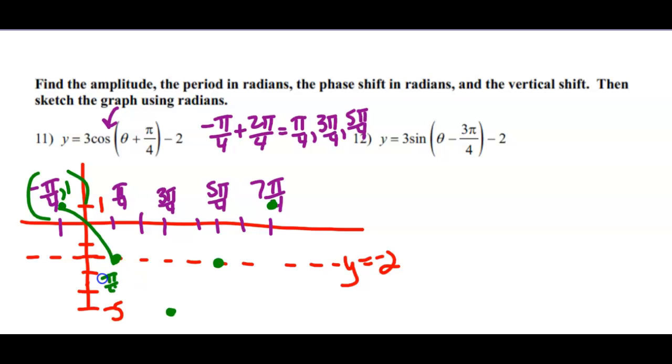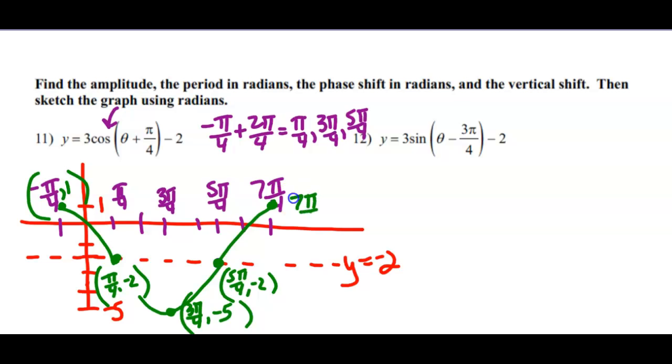Pi over 4, negative 2, 3 pi over 4, negative 5, 5 pi over 4, negative 2, the middle again, and then 7 pi over 4, it's up at the max, which is 1.